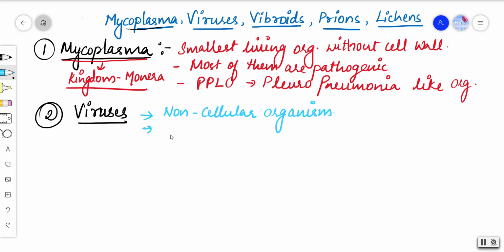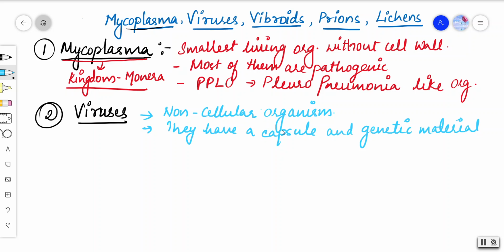And the most important thing in their structure is they have a capsule and genetic material.